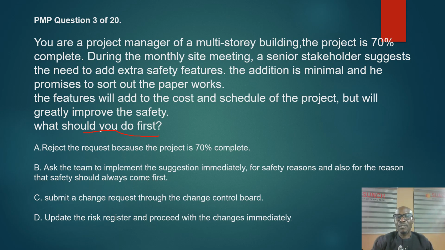During the monthly site meeting, the senior stakeholder suggests that they need to add extra safety measures. The addition is minimal. It's tempting, and he promises to sort out the paperwork later. The features will add to the costs and schedule of the project.